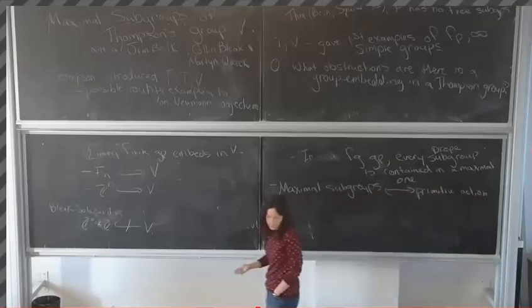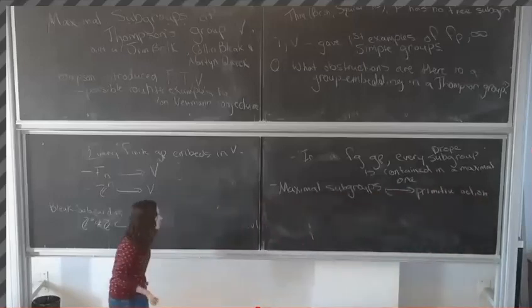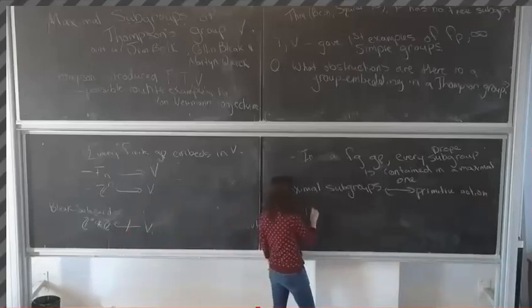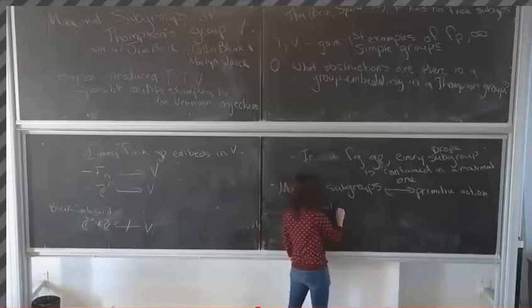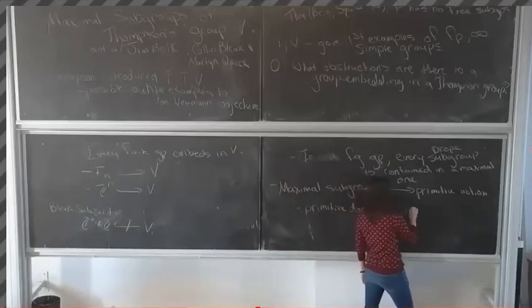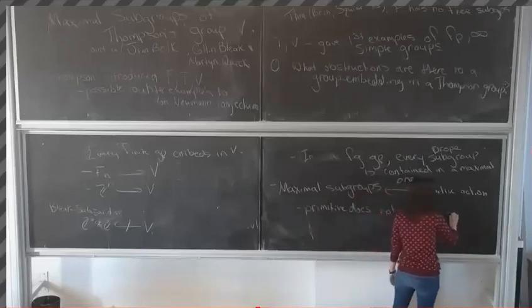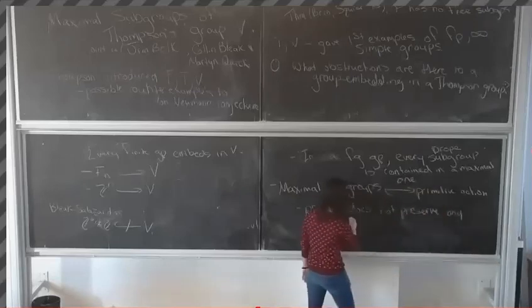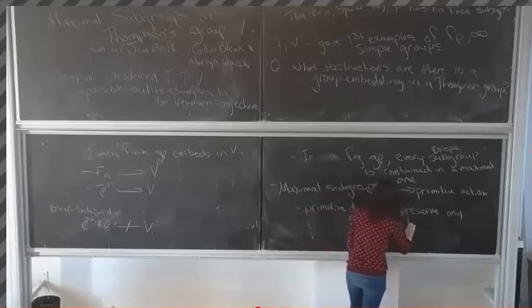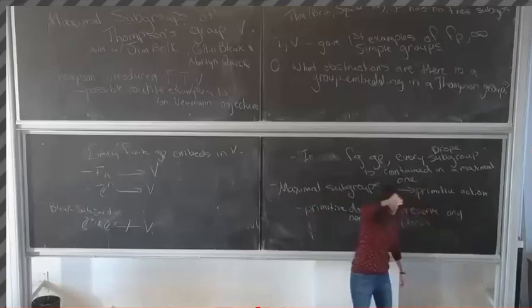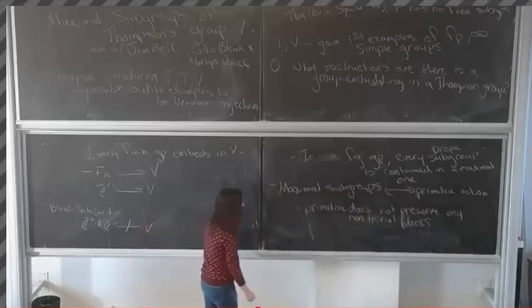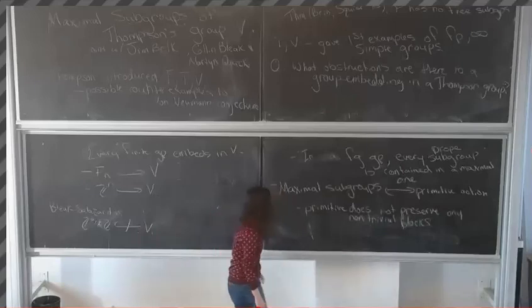Recall that a group action is primitive if it does not preserve any non-trivial blocks. And we often think about primitive actions as being the building blocks of group actions in general. These are our basic pieces.